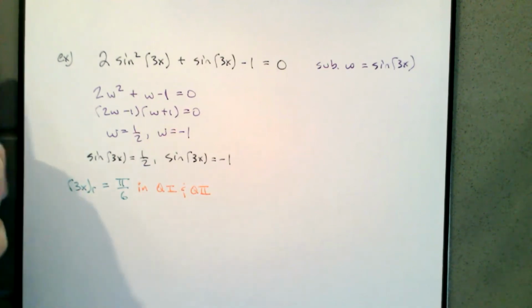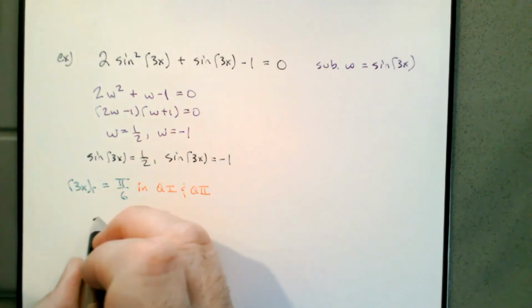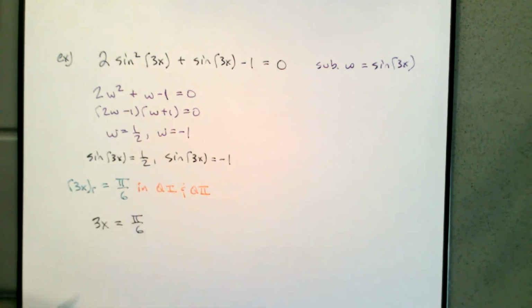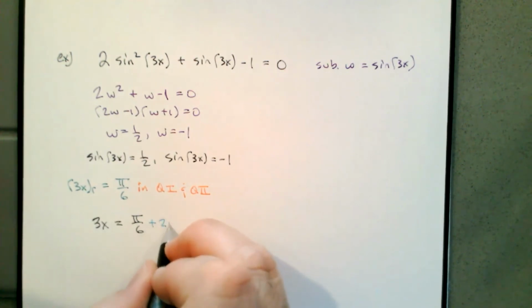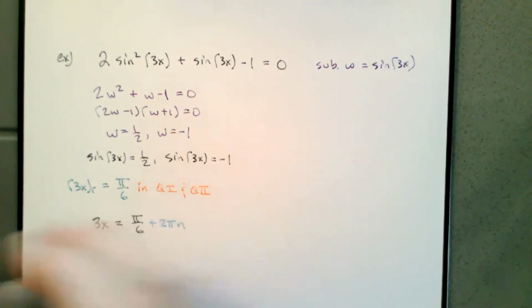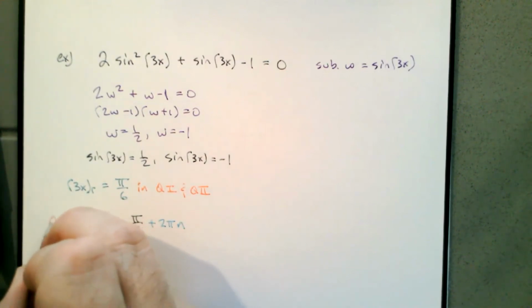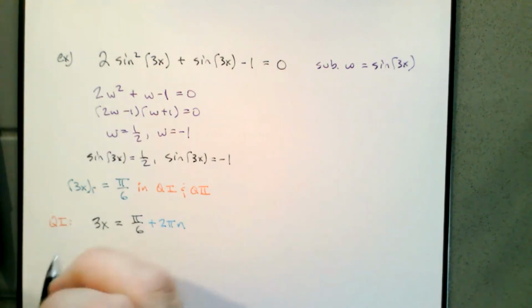So instead of saying x is equal to pi over 6 plus 2 pi times n, I'm going to say 3x is pi over 6 plus 2 pi n. This is all my quadrant 1 angles. But I also have to list the quadrant 2 angles.